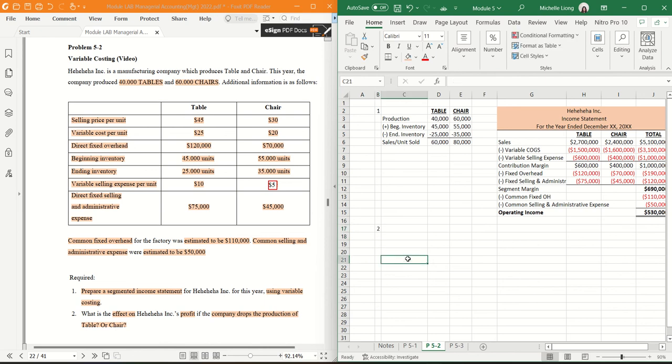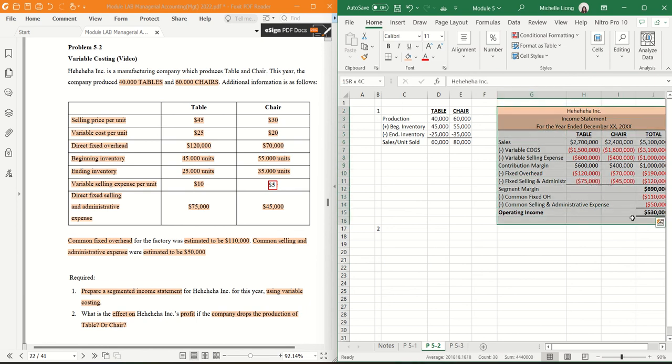So in order to find what if they did drop the production, you need to find your income statement, basically. So why do we need to find it? Because we need to see what if we drop this one. Okay, so taking the same one as this one.